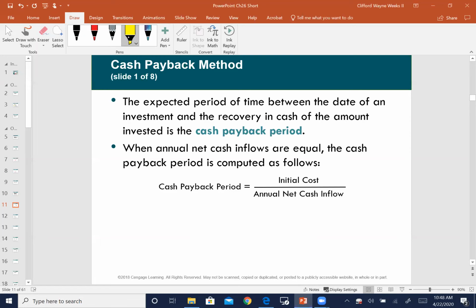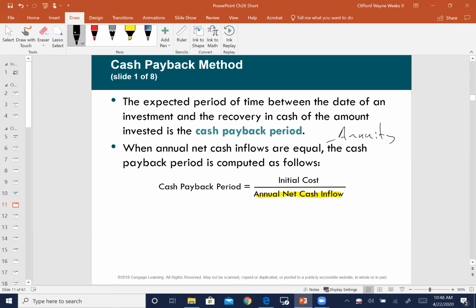There's one where you have the same cash flow, and so the annual net cash flow is the same amount. We call that an annuity. It's hard to say, annuity. When annual cash flows are equal, that's an annuity.